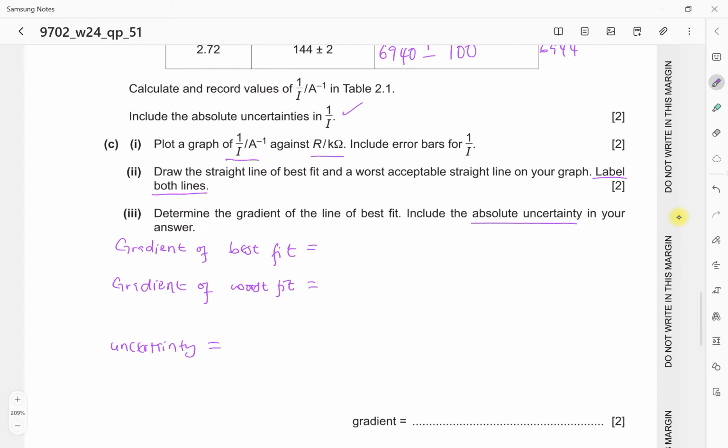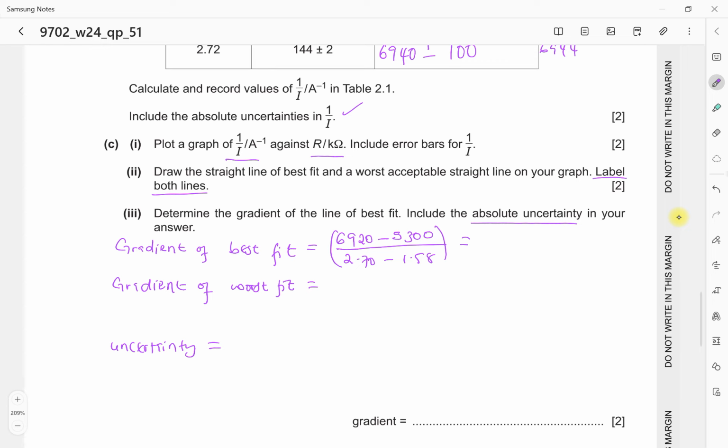The gradient for the best fit is simply using the best fit values. So we have 6,920 minus 5,300, divided by 2.70 minus 1.58.